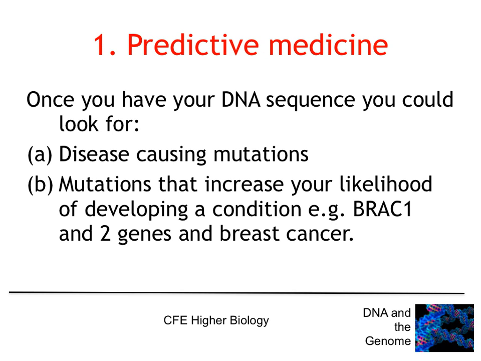So you could be looking at predictive medicine. You could look at people's DNA sequence and think about what disease-causing mutations are there, or what mutations increase your likelihood of developing a condition. For example, the BRCA1 and 2 genes that are responsible for breast cancer, and I think it's Angelina Jolie.